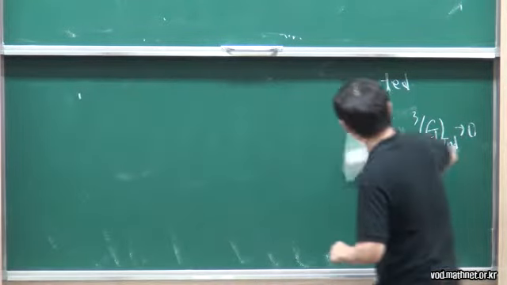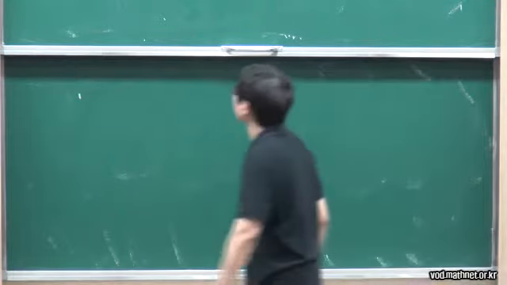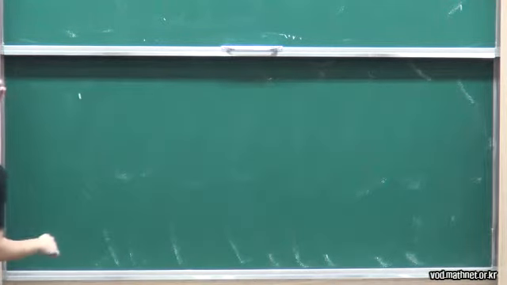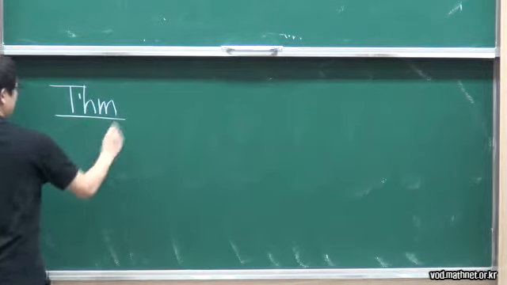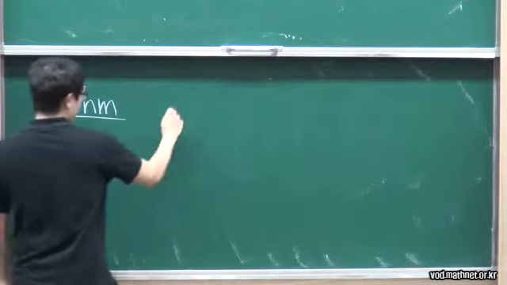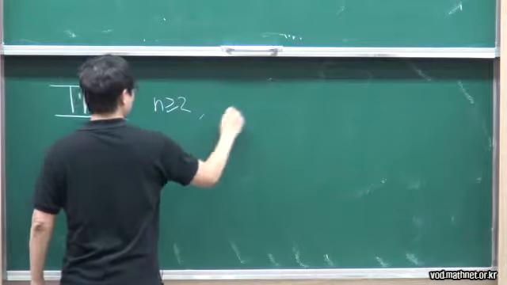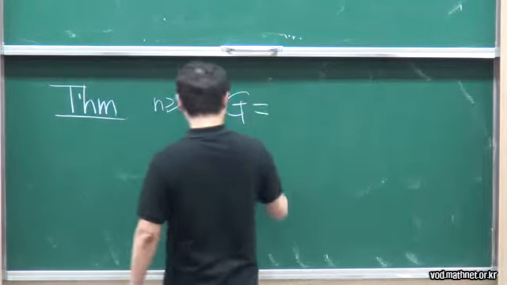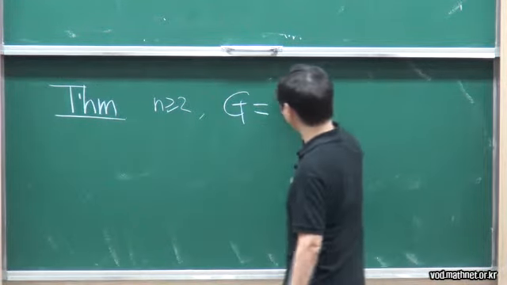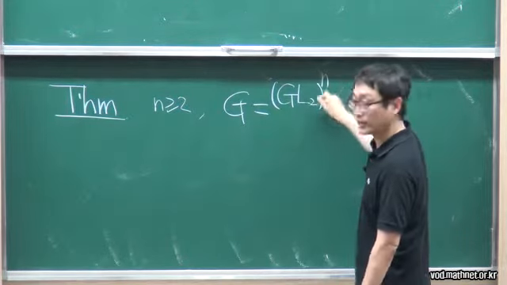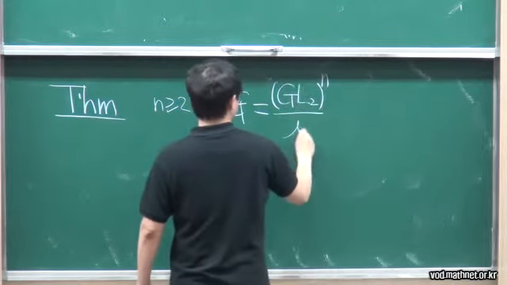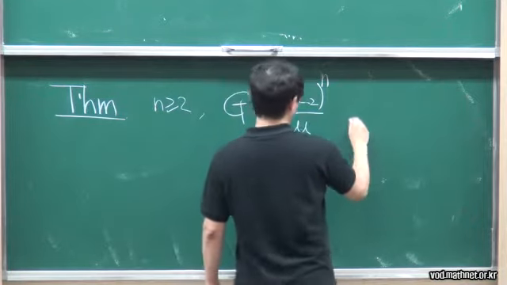And recently we tried to generalize this group, and we have the following result. So n is at least 2, and let's say G is this product of GL2, n times, modulo a central subgroup.